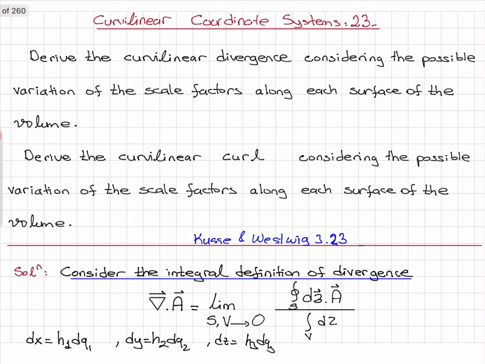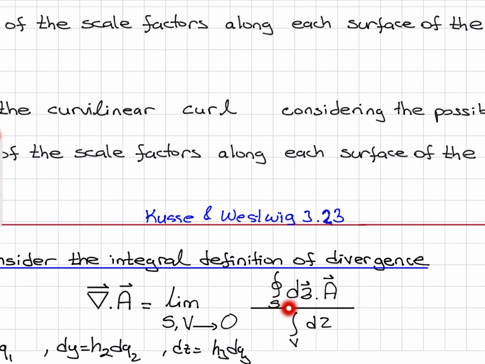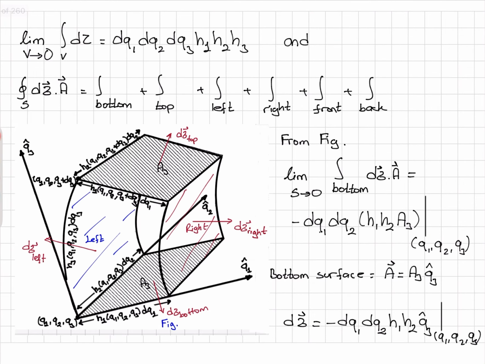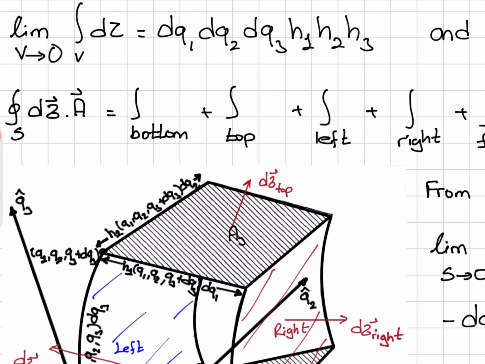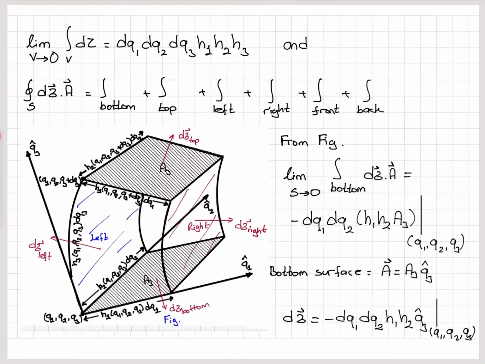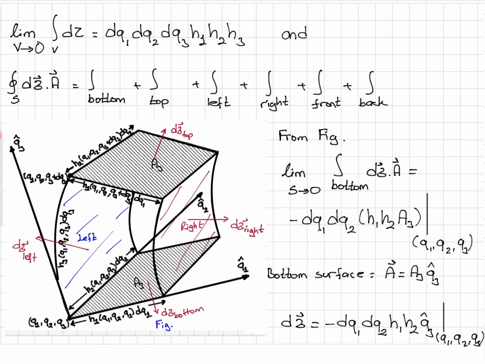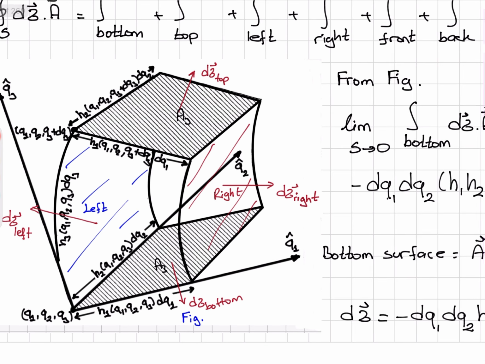Now, looking at the other part of this expression, the numerator, the closed surface integral d sigma dot A. For a closed surface, we have to consider the bottom, top, left, right, front, and back contributions. If I look at the figure, for the bottom I have the dimensions h1 dq1, h2 dq2.